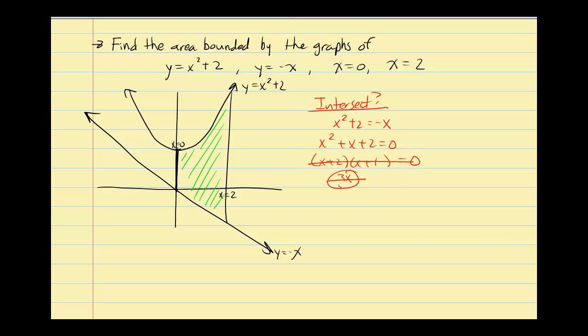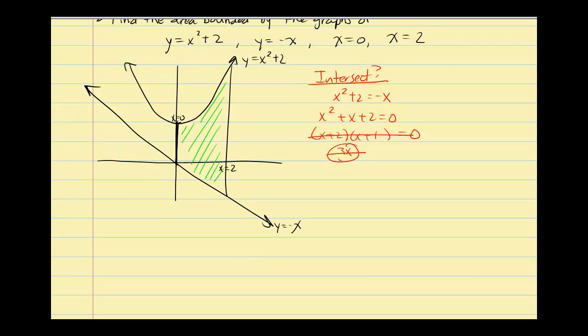So the next thing I want to know is, should I use horizontal or vertical rectangles? Well, I don't think horizontal rectangles would be a good idea, because as you note here, in this lower triangle piece right here, my right curve remains the same, but my left curve is the line. In this region right here, my right curve remains the same, but my left curve becomes this vertical line.